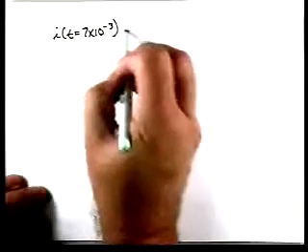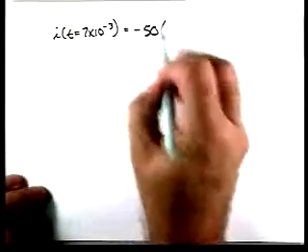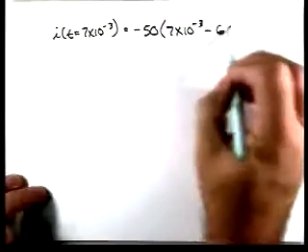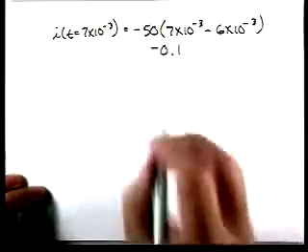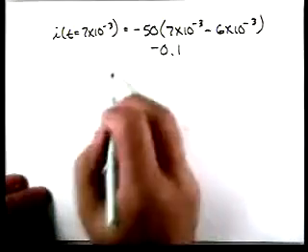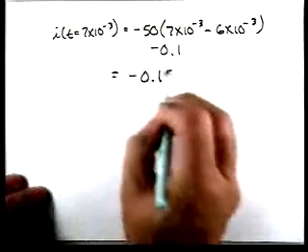We'll have minus 50 times (7 times 10 to the minus 3 minus 6 times 10 to the minus 3), minus 0.1. Remember, we're using the expression valid between 6 and 9 milliseconds. This turns out to be minus 0.15 amps.